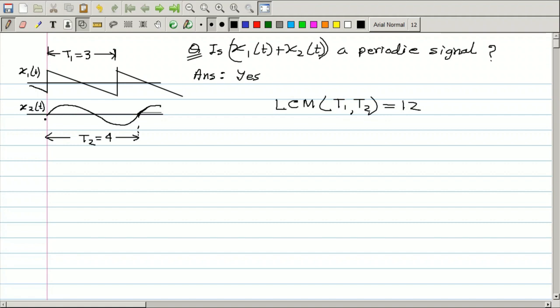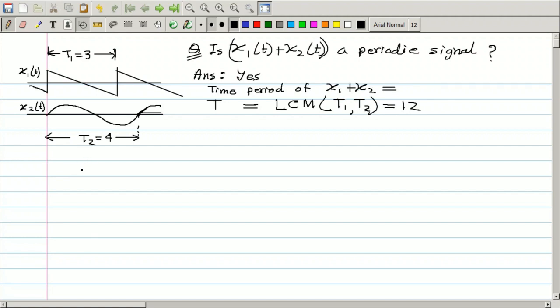And after 12 seconds, everything will start to repeat from the beginning. This also says that the time period of x1 plus x2 will be the LCM of T1 and T2.